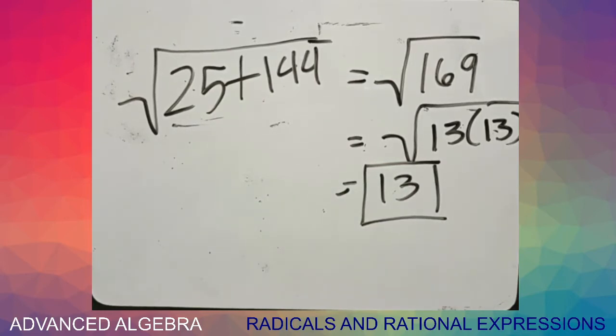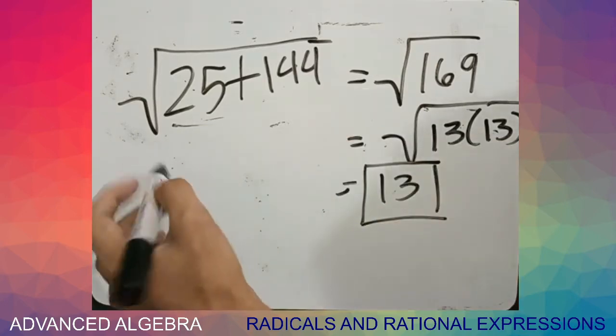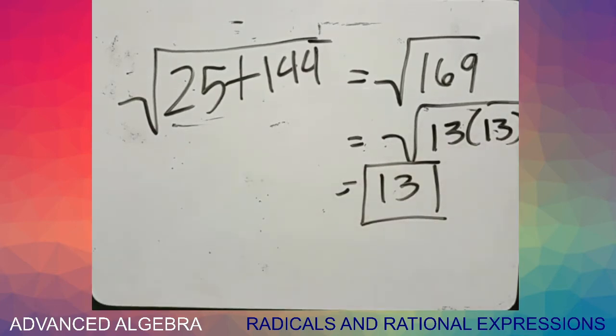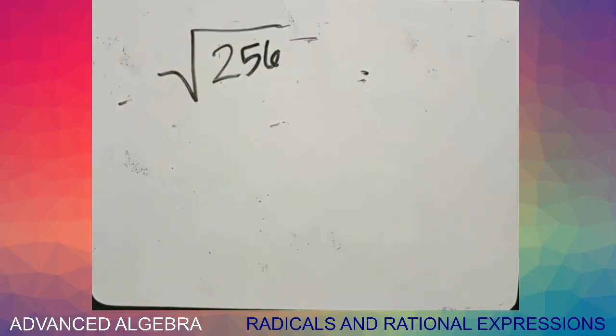So, kung nahihirapan kayo na hanapin si principal square root, ang gawin nyo, himay-himayin nyo muna. Okay, magbigay tayo ng ibang example para makita nyo mabuti. Okay, for example, the square root of 256.